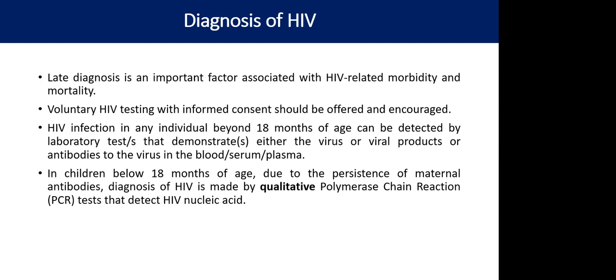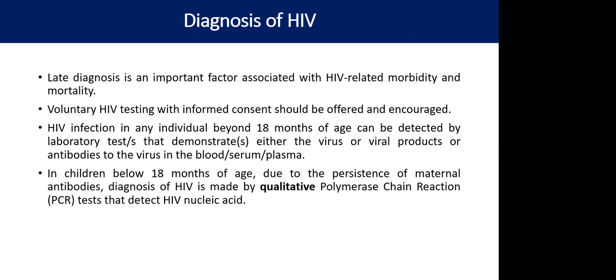Now, in adults, adolescents, and children above 18 months of age, HIV detection or diagnosis can be done based on antibody testing or by viral testing like PCR for viral nucleic acids.